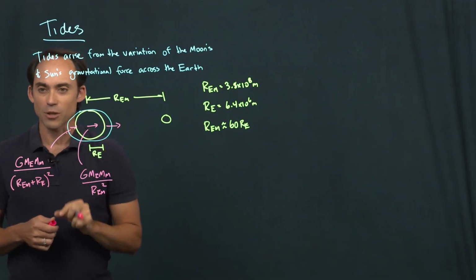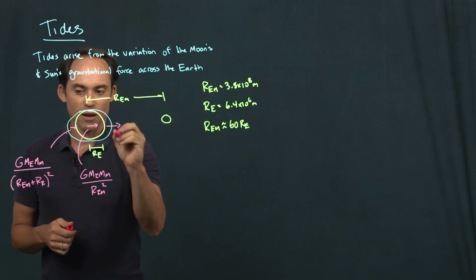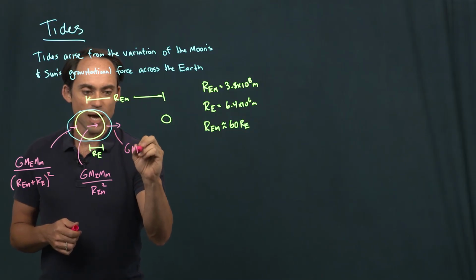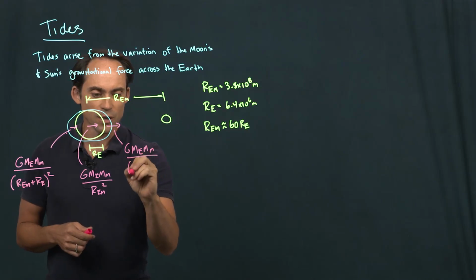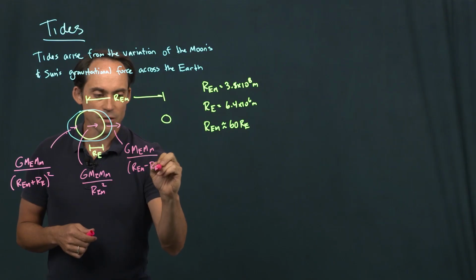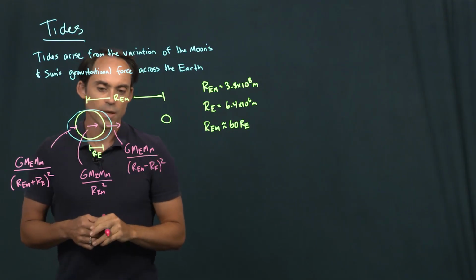We've got that extra little piece of distance there. And of course, this expression is going to be the opposite: G M_Earth M_moon divided by the Earth-Moon distance minus the radius of the Earth.